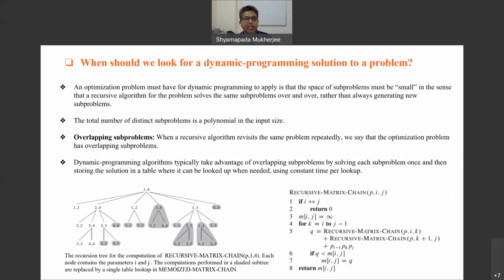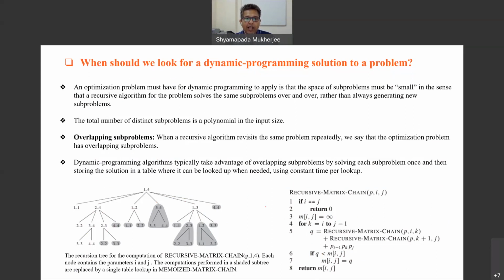The next one is when we can apply this dynamic programming. It is not that a problem which shows optimal substructure property will always be solved using dynamic programming. So that is one condition that should be fulfilled, so that we can apply dynamic programming. That is one step of the decision, you can say.